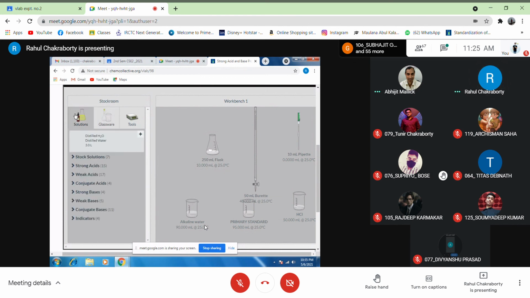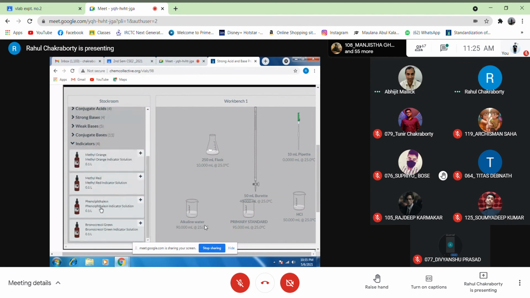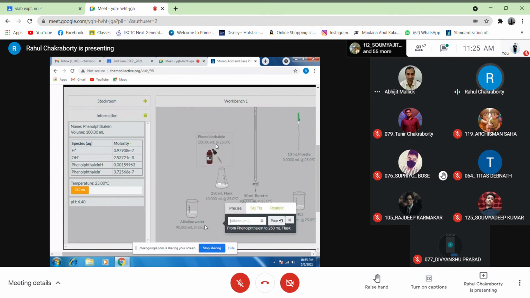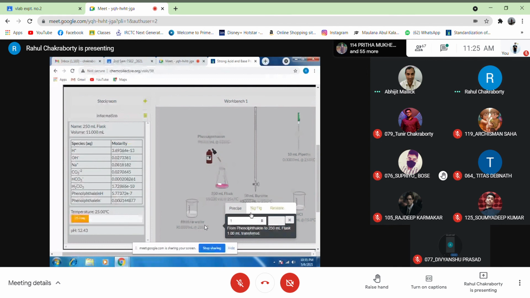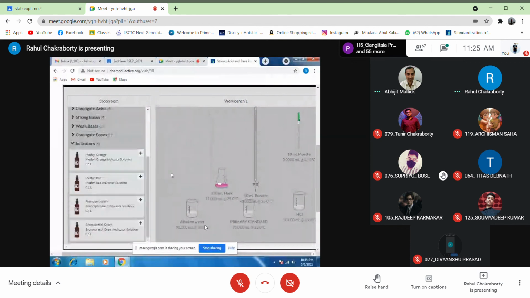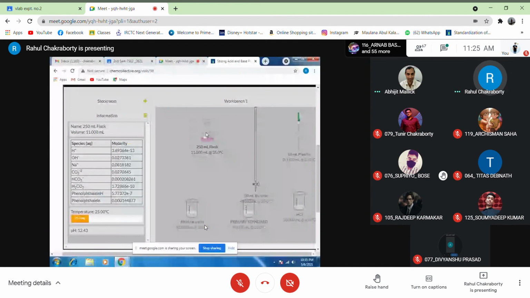Then under solutions, click on indicators and choose phenolphthalein indicator for table 2, and for table 3 methyl orange. So now add 1 ml phenolphthalein. The solution turns pink. Now dip the burette into this.